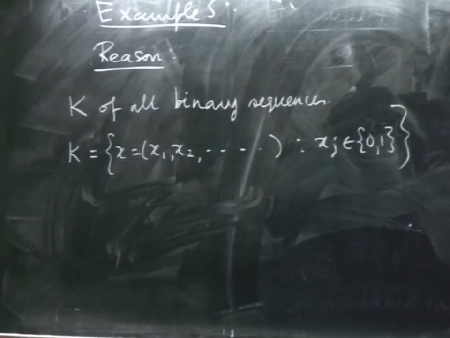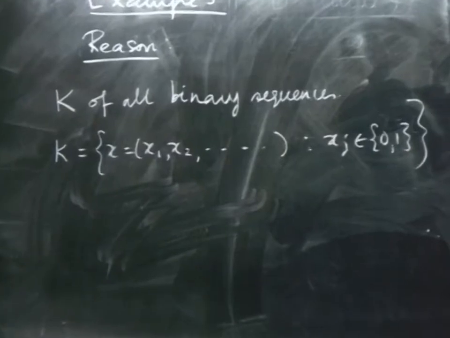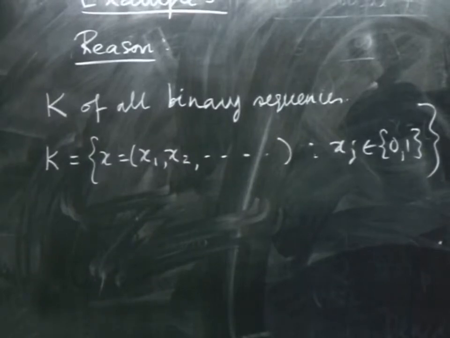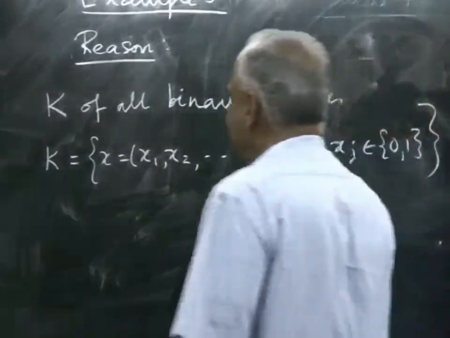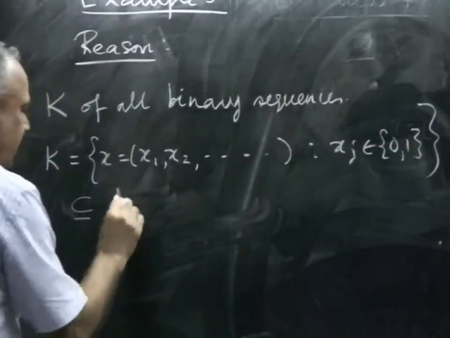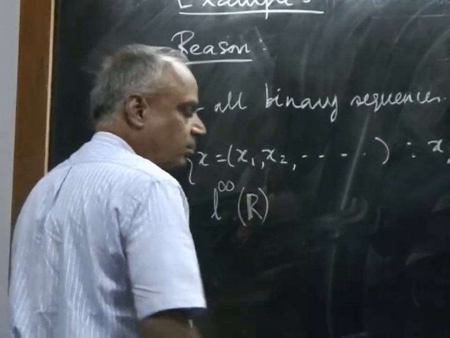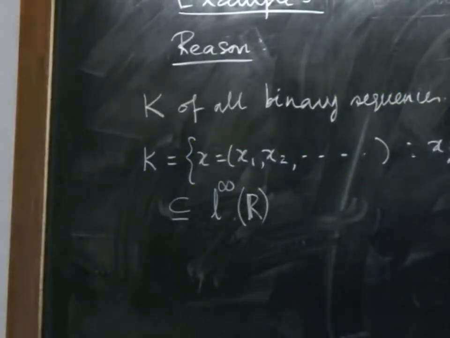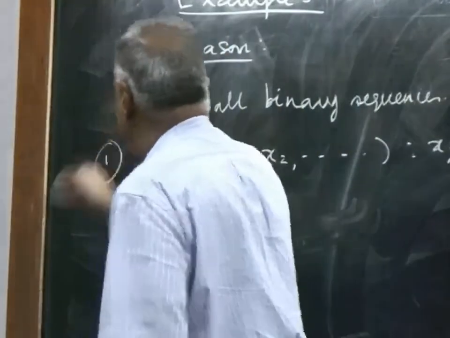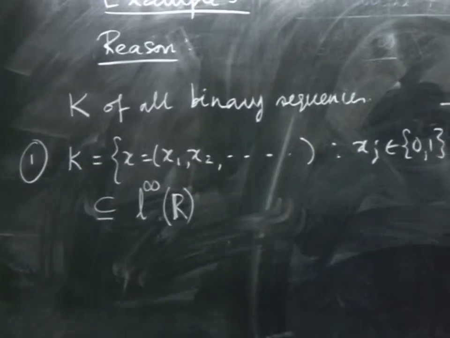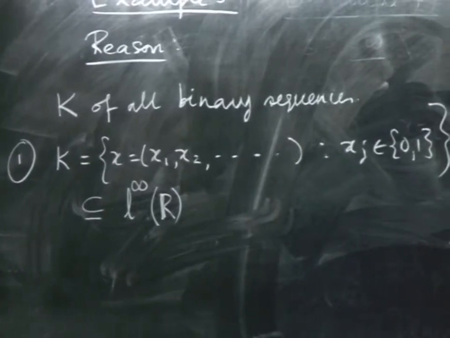What does L infinity consist of? All bounded sequences. This is obviously bounded, either 0 or 1. So therefore, this set is definitely contained in L infinity. That is the first observation we will make: the set K of all binary sequences is a subset of L infinity.